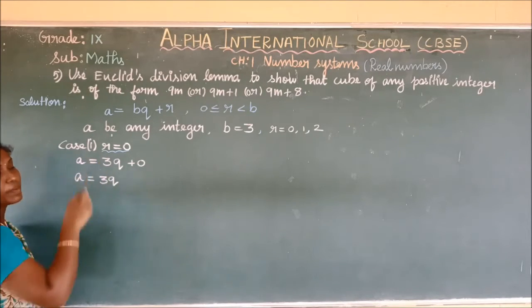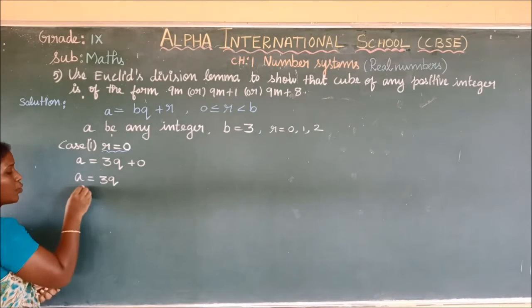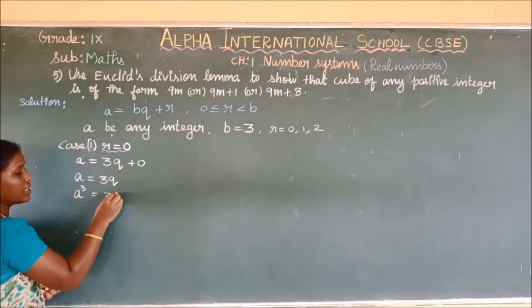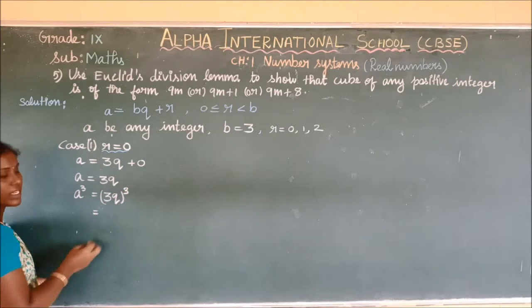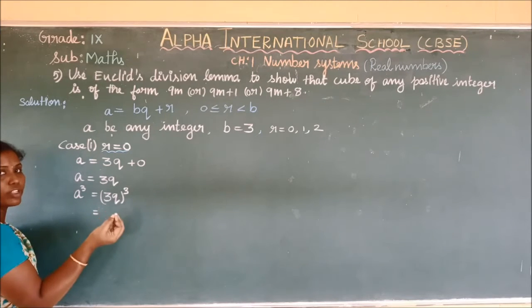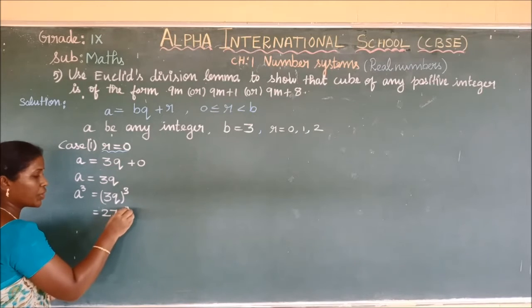But the question is about the cube of a positive number, so a cube is equal to (3q) the whole cube. What about (3q) cubed? 3 threes are 9, and 9 threes are 27, so it is 27q cube.